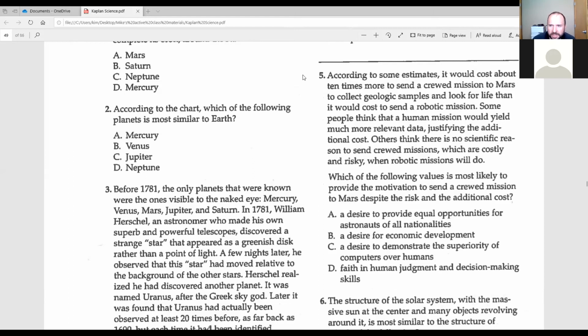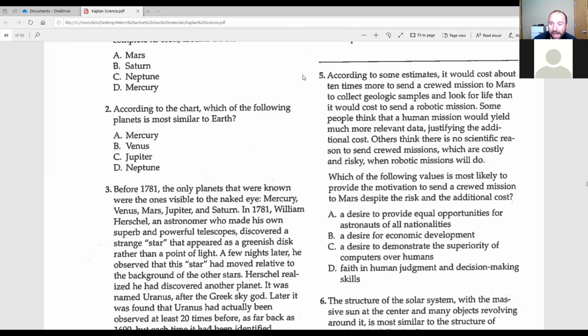According to some estimates, it would cost about 10 times more to send a crewed mission to Mars to collect geologic samples and look for life than it would cost to send a robotic mission. So, in other words, send people. Some people think a human mission would yield more relevant data, justifying the additional cost. Others think there is no scientific reason to send crewed missions, which are costly and risky when robotic missions will do.